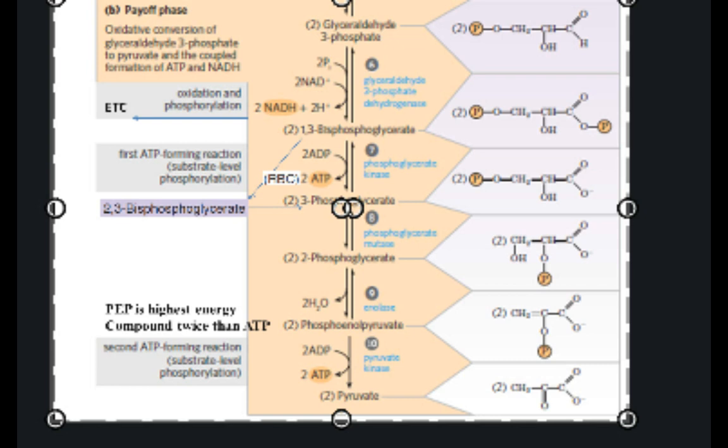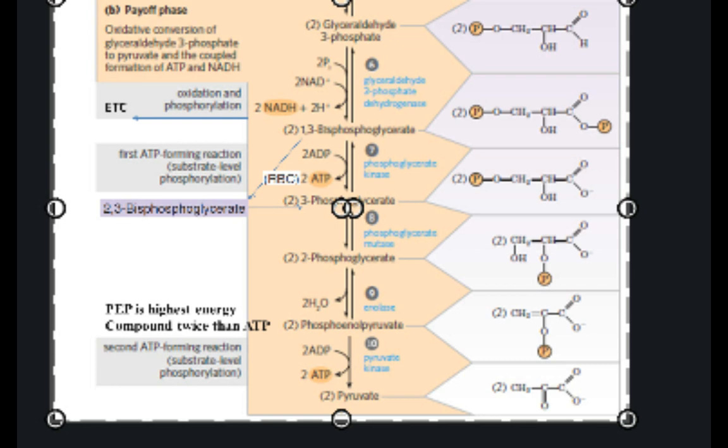Secondly, a high energy electron is accepted by NAD, and glyceraldehyde 3-phosphate is converted into 1,3-bisphosphoglycerate, and NADH is produced. Here we mentioned two NADH.